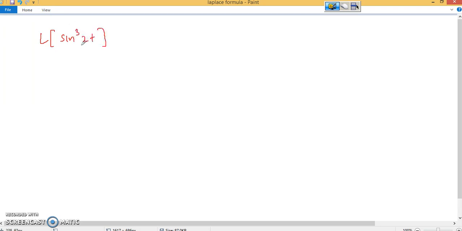Here since a cube is given, by the basic trigonometric formulas you can write: cos 3a is equal to 4 cos cube a minus 3 cos a, and sin 3a is equal to 3 sin a minus 4 sin cube a.